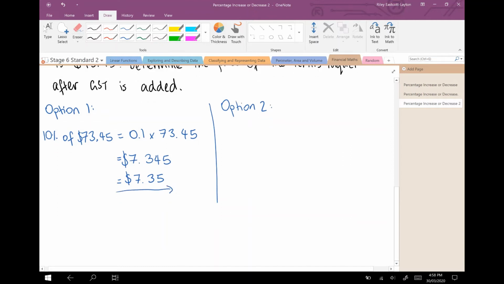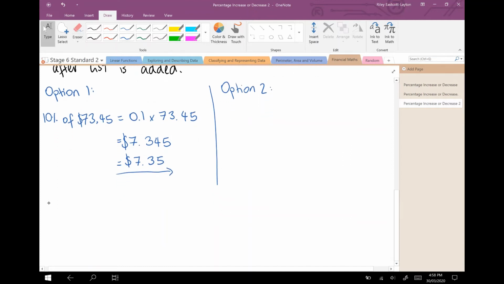Now, that's our 10%. So what we have to do now is we'll have to go post GST, we could call it, or you could say after GST, whatever you want to call it.